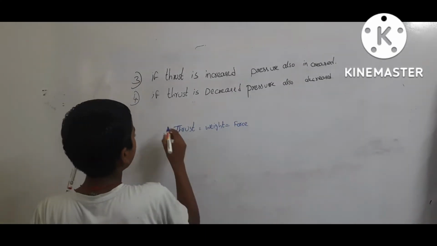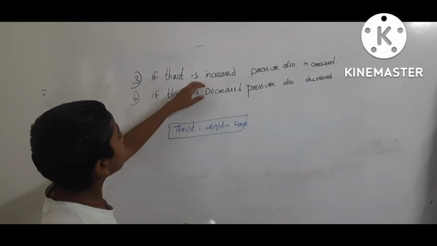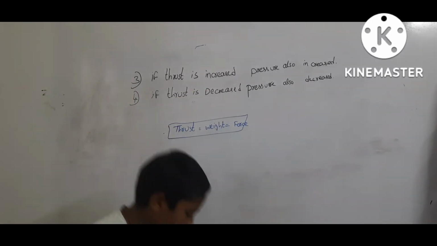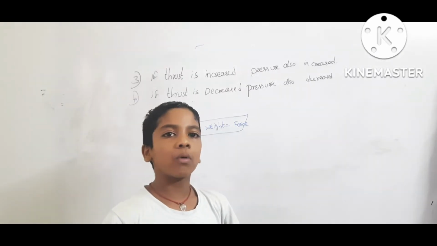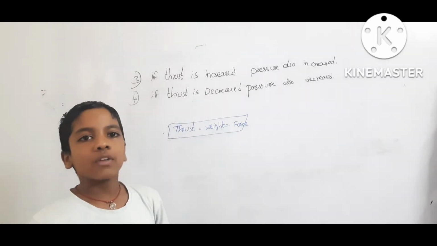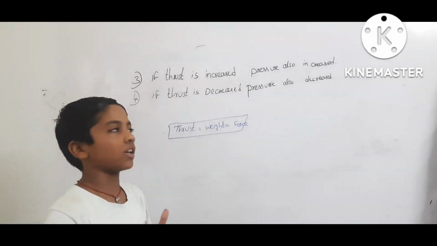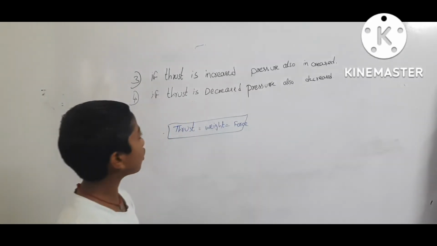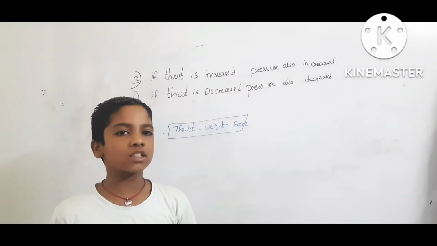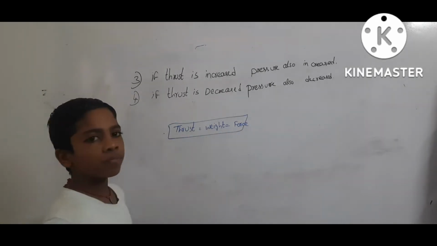This is the main point. If thrust is increased, it means the weight of the body is increased. When we want to push a body of big mass, we apply high pressure, so thrust is increased and pressure also increases. And for a very small particle of small mass, we apply less pressure. Okay friends, thrust equals weight equals force.